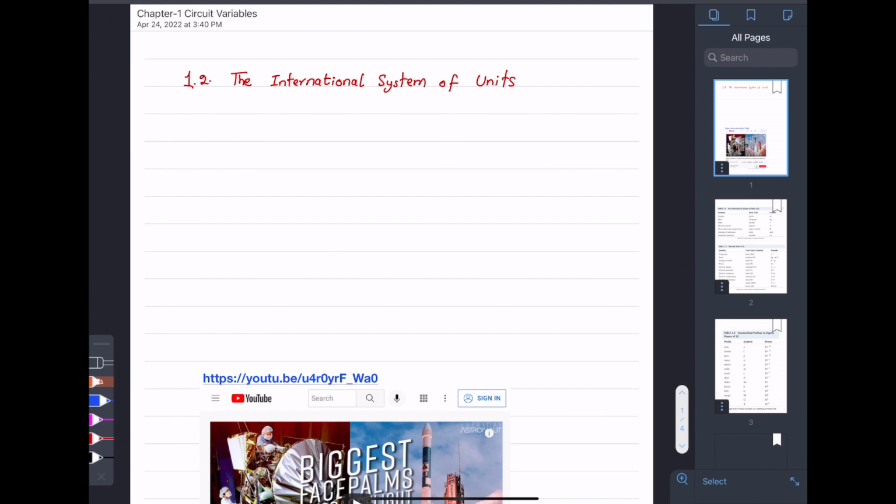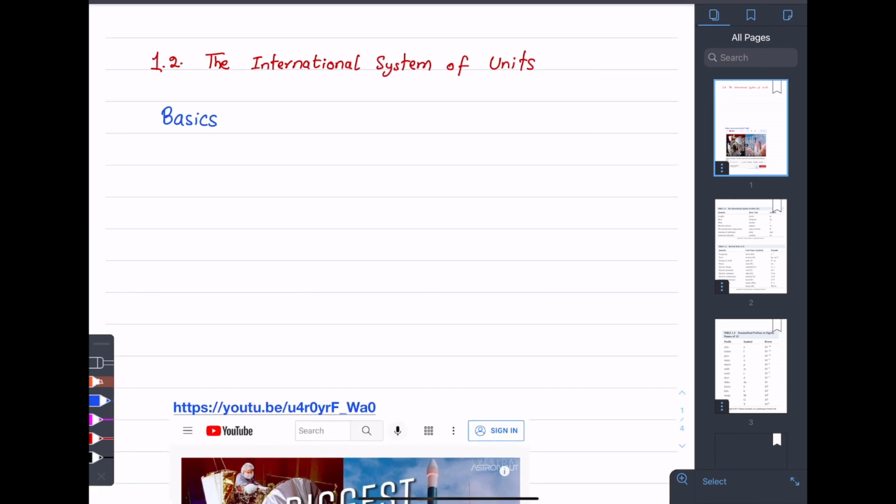In this video, we're going to start with the basics. Specifically, we're going to look at the International System of Units, also called SI units.